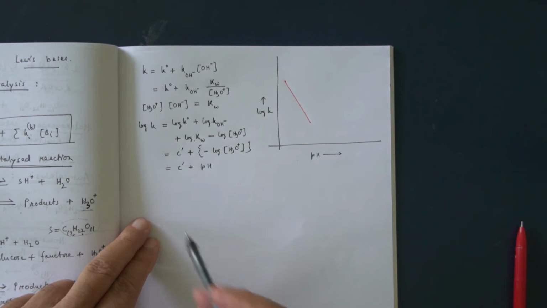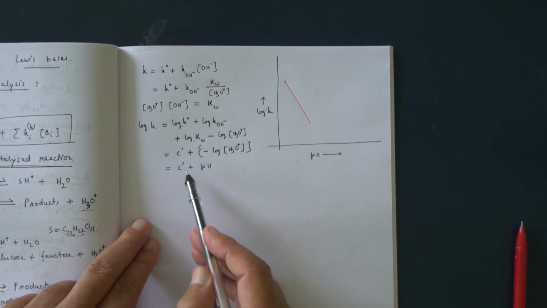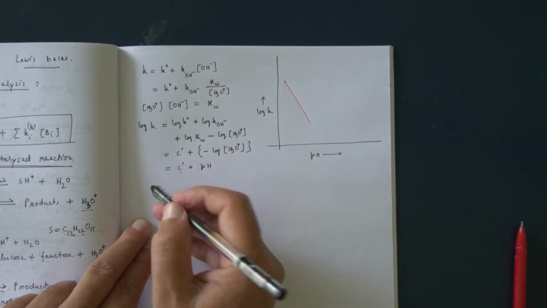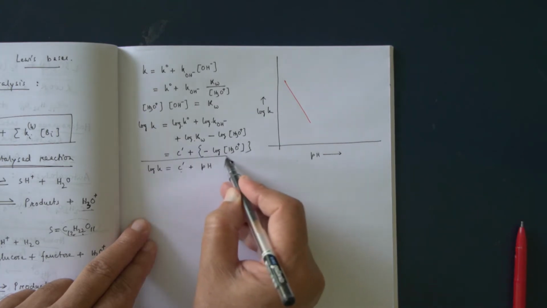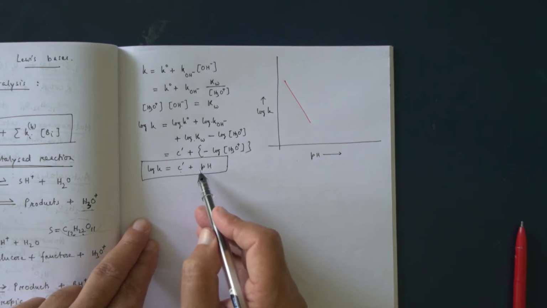Now once again, if we plot, this is y equals mx plus c. So we will get a straight line. But here m is the slope.